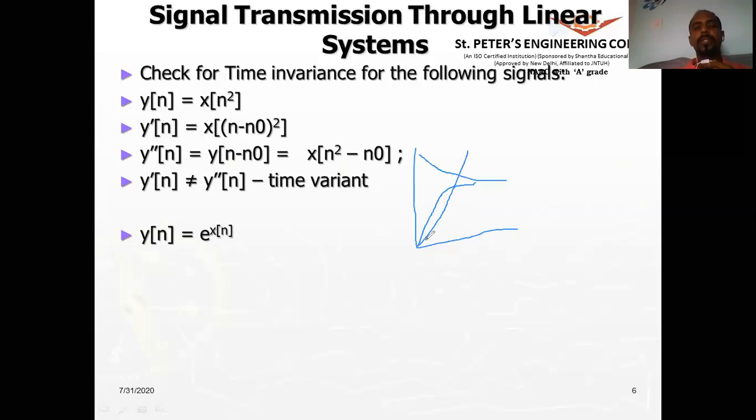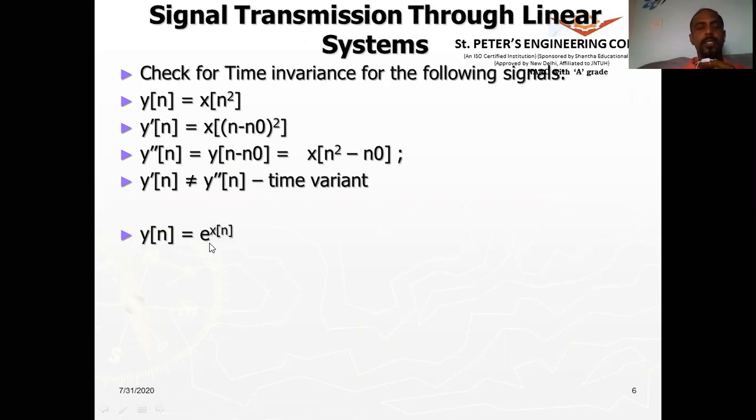Even the characteristics of the forward bias diode current are non-linear characteristics, right? So they are all examples of linear and non-linear. Okay, so I hope the terms linear and non-linear are clear. Now let us check whether this exponential system is time variant or time invariant.